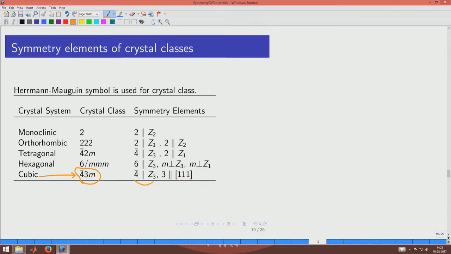So, if you know for this symmetry operation which transformation matrix is available, then we can actually write in this manner.